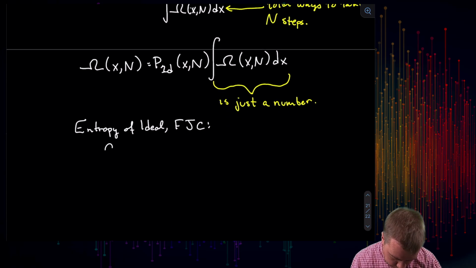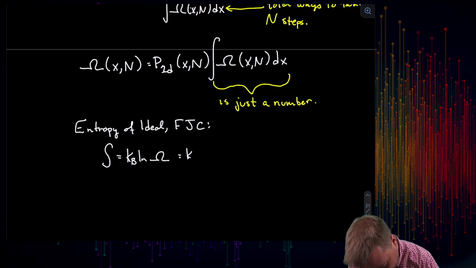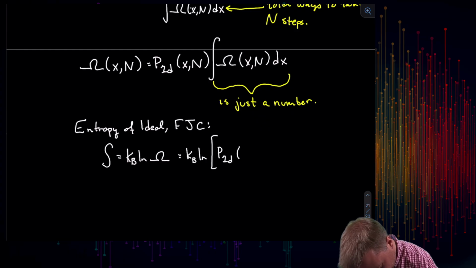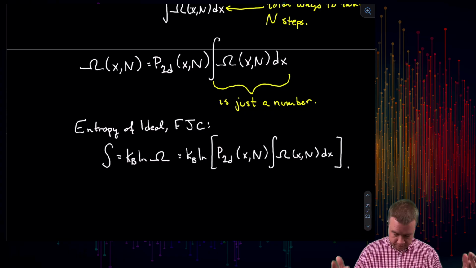So S for the ideal polymer chain will be Kb times the log of omega. And now we have an expression for omega, so this will be Kb times the logarithm of whatever probability function we're using. I'm just going to put in the 1D function right now. And that is what it is, right? We got the probability.